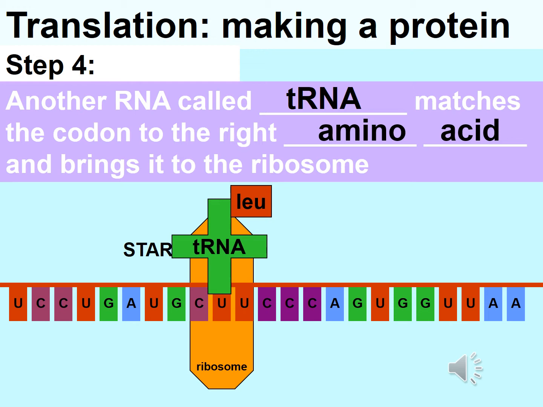You'll have a tRNA that says, "Hey, CUU is my thing." So it brings in the amino acid leucine in this case. The tRNA molecule will swoop in and drop off the proper amino acid based on the code CUU. And that's step 4.